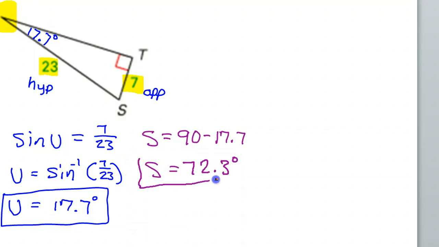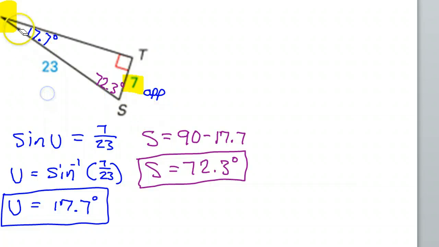Okay, so that is the measure of angle S. So we found the two angles. The only thing missing is the third side. We haven't found the third side yet.